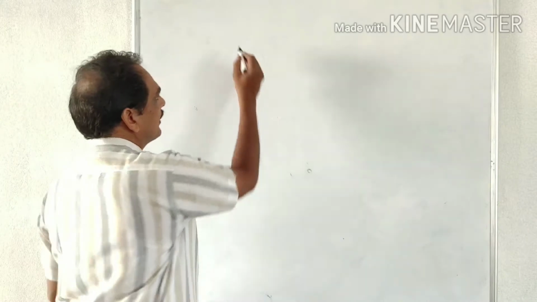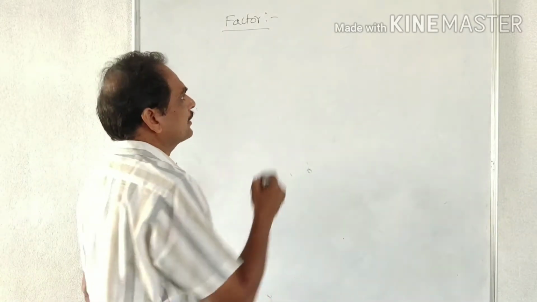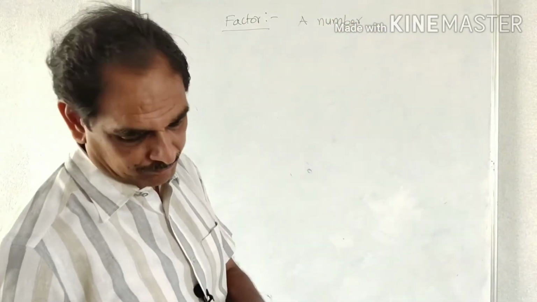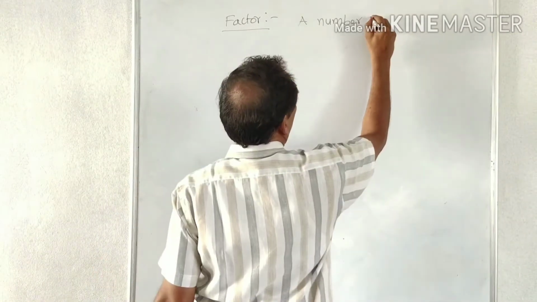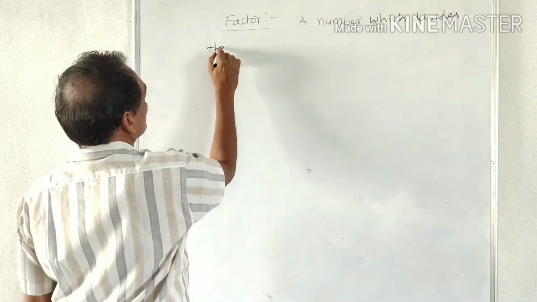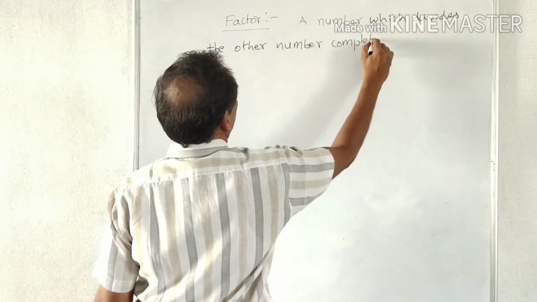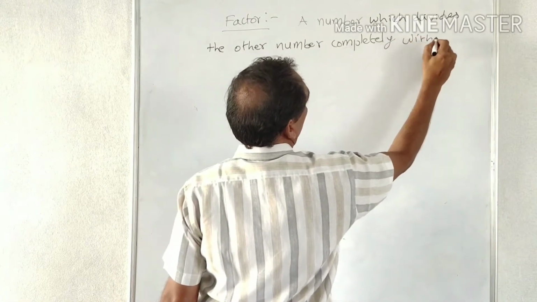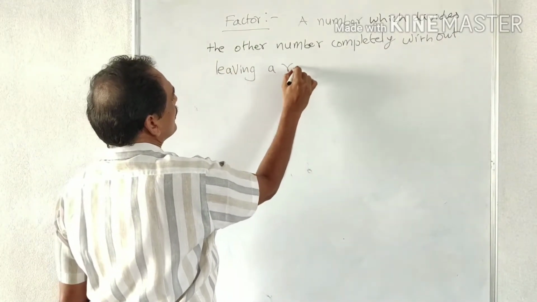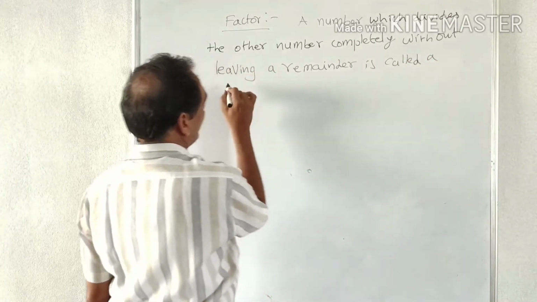Factor. The definition of a factor: a number which divides the other number completely without leaving a remainder is called a factor.